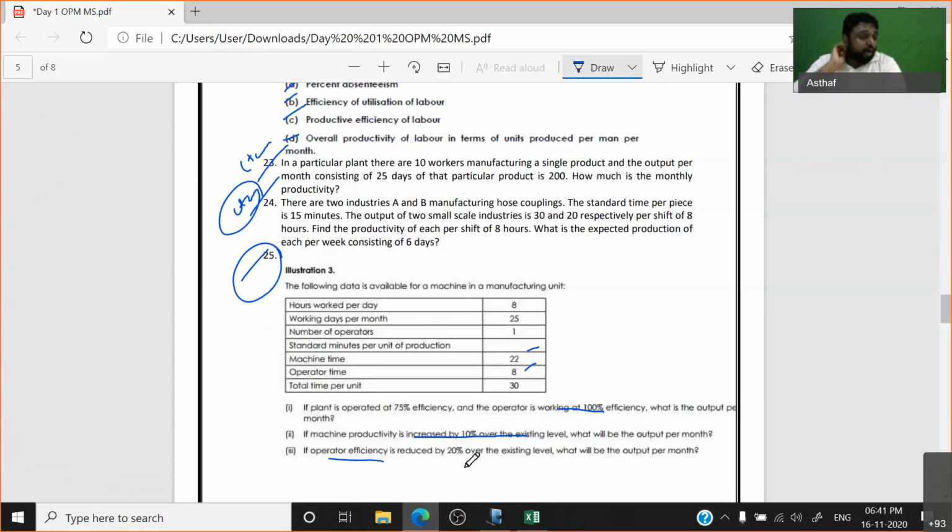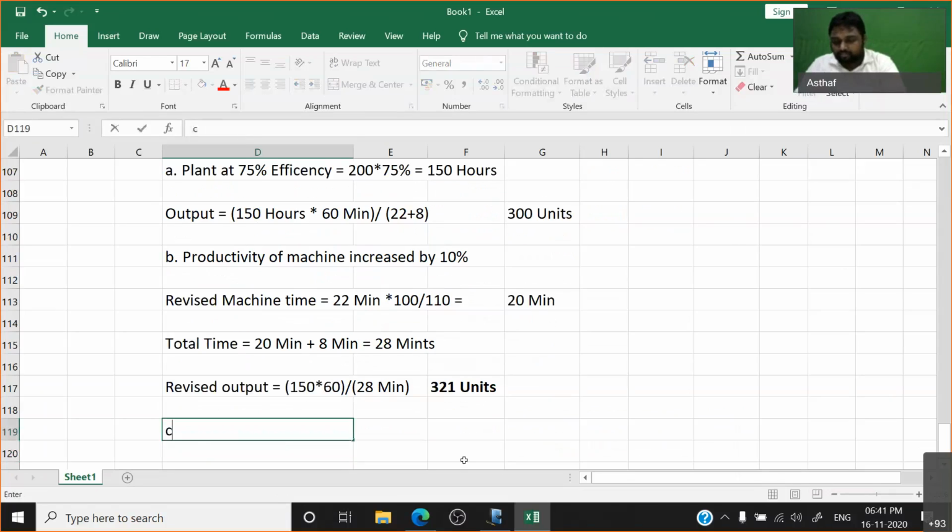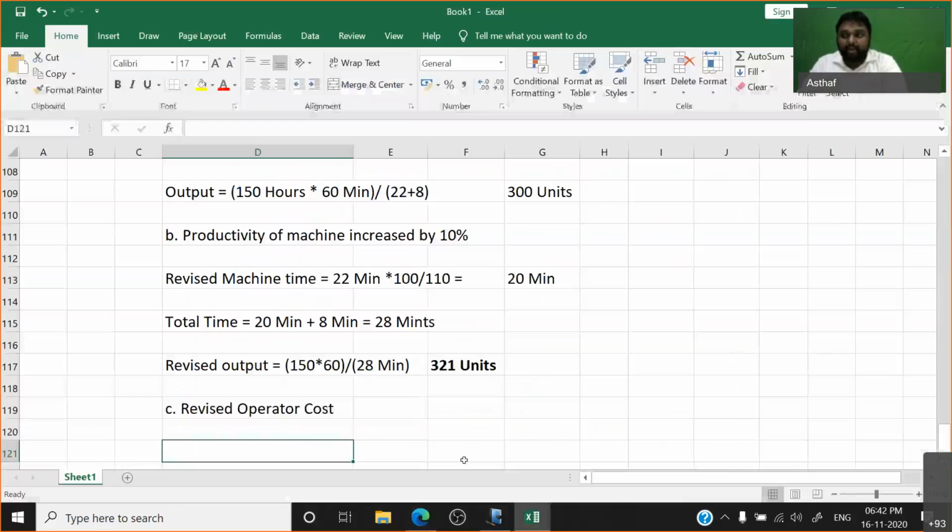Last, if operator efficiency is reduced by 20%. So what is the revised operating time? We have 8 minutes, which will be 8 into 110 by 100.